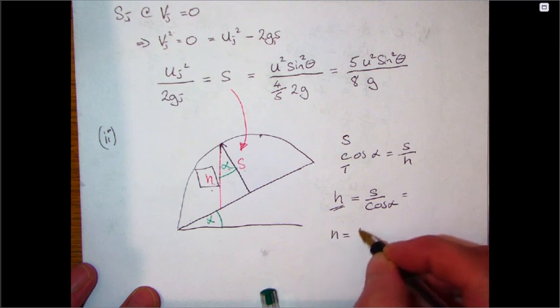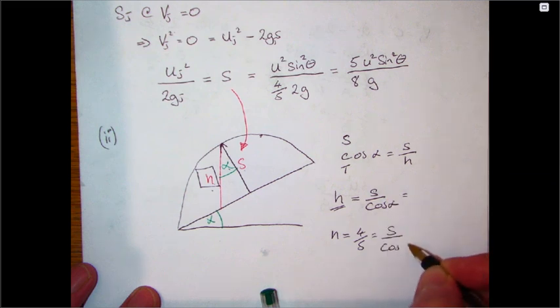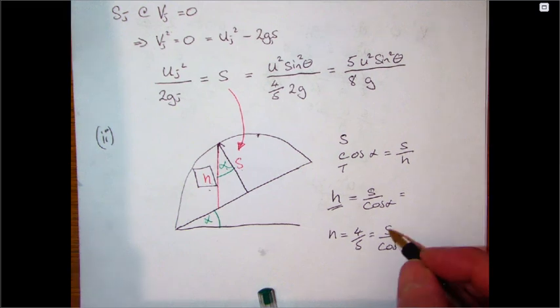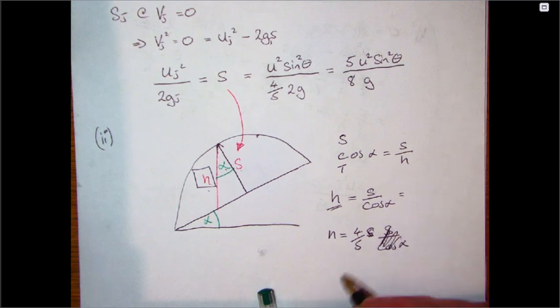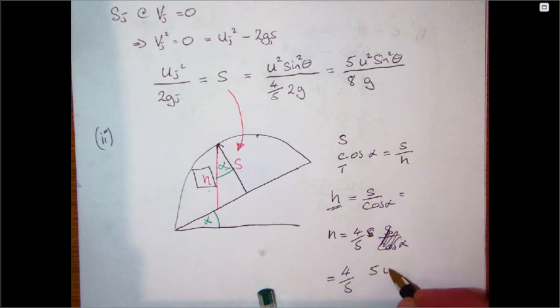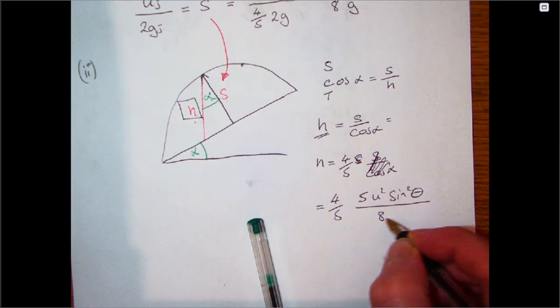So H is equal to 4/5 of s. So basically I'm going to multiply 4/5 of 5 u squared sine squared theta over 8g.